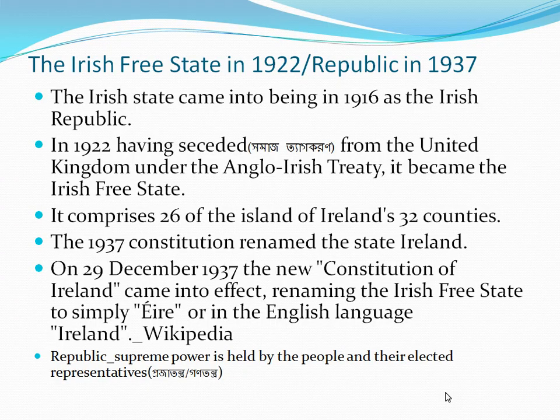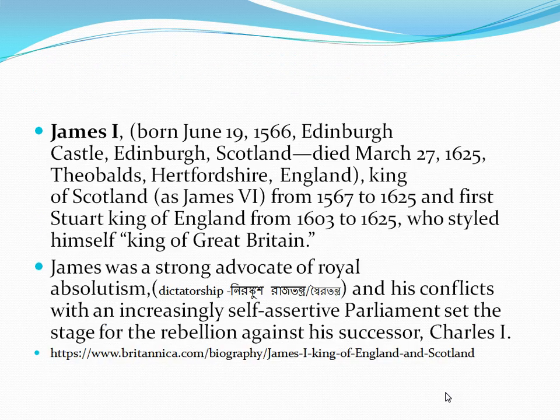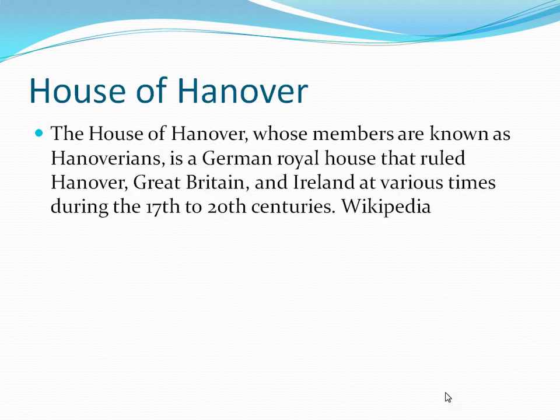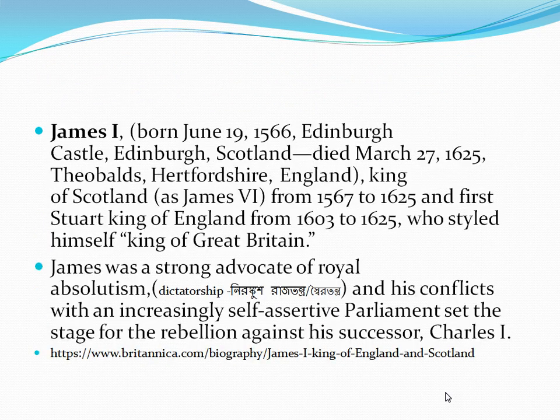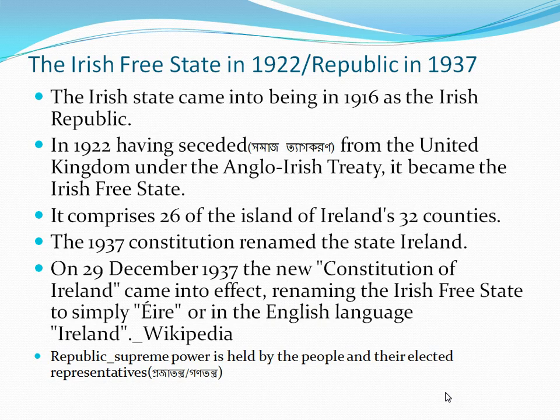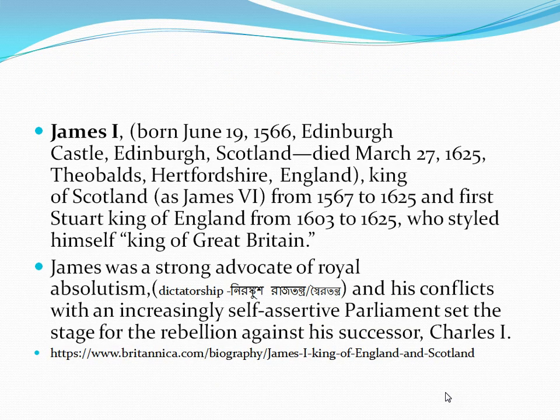So here you see some incidents. That is James the First, in Edinburgh Castle, from 1567 to 1625 the first Stuart King of England, and from 1603 to 1605 he styled himself the King of Great Britain.